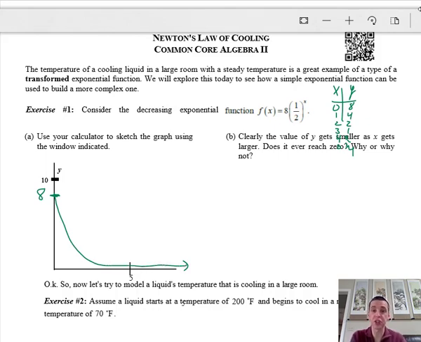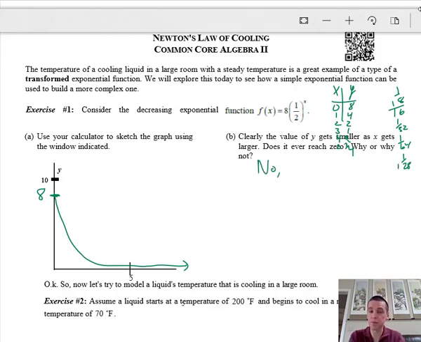And getting really close to 0. Now, clearly the y value gets smaller. We just stated that right here. Does it ever reach 0? Well, I can keep going. 1/4 to 1/8, 1/16, 1/32, 1/64, 1/128, and you get the idea.